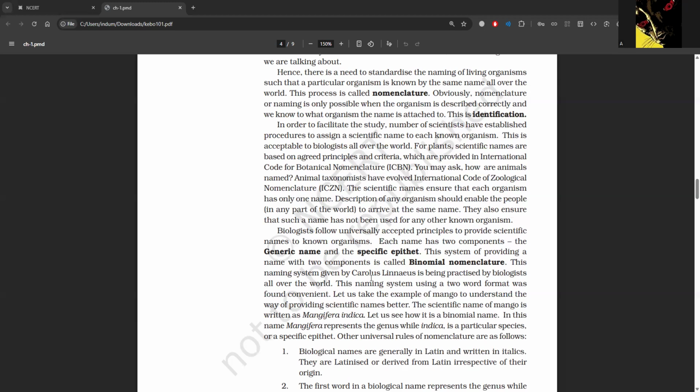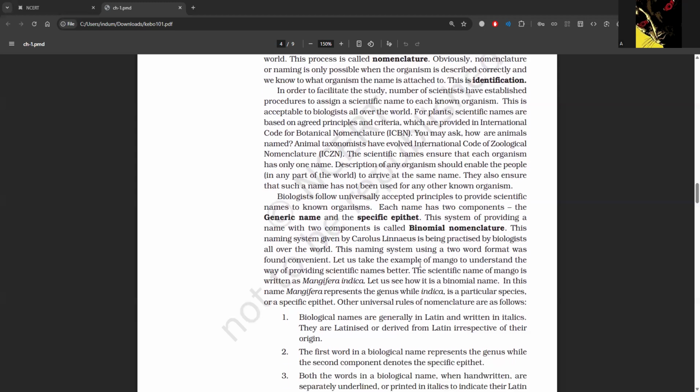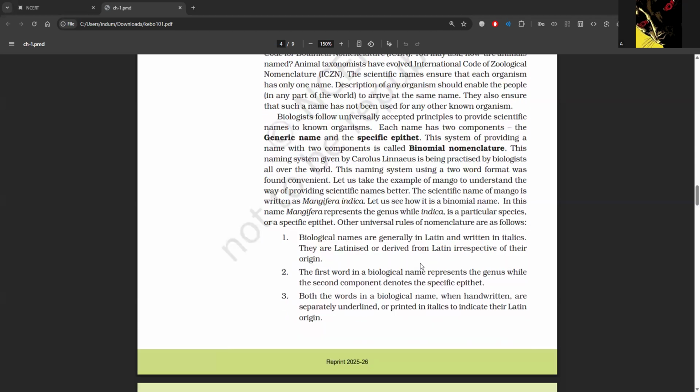The scientific names ensure that each organism has only one name. Description of any organism should enable the people in any part of the world to arrive at the same name. They also ensure that such a name has not been used for any other known organism. Biologists follow universally accepted principles to provide scientific names to known organisms.